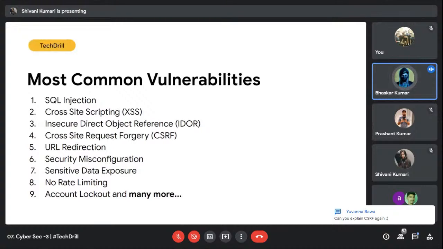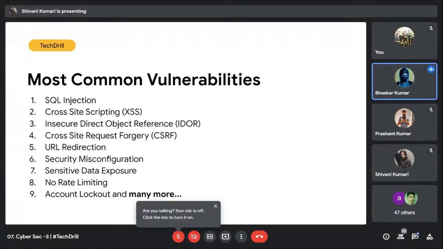Can you explain CSRF again? Okay. For CSRF, if I click a button in website A, it should perform the whole functionality in website A itself. It should not ask some other website to perform that functionality.